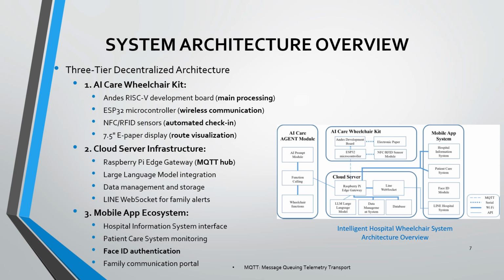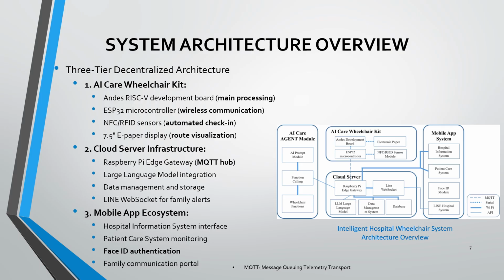In the cloud server infrastructure, there are also four parts. We use Raspberry Pi Edge Gateway and MQTT Hub, large language model integration, data management and storage, and also use the LINE WebSocket for family alerts.